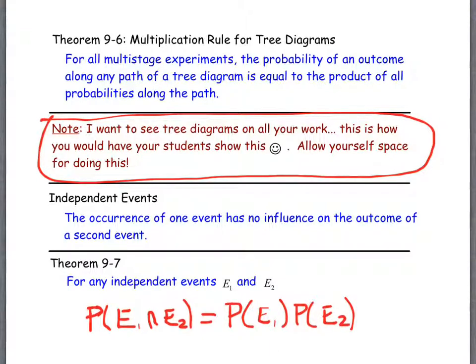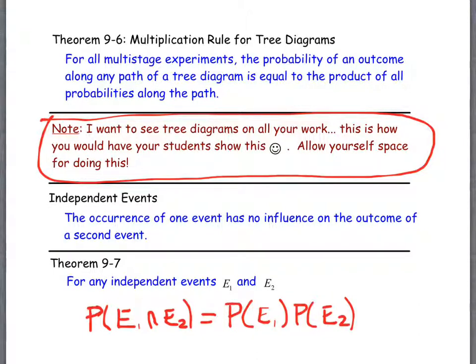And this is exactly what happens along the branches of your tree diagrams: you have independent events. When I roll a die and I get a 1, I am just as likely on my second roll to get anything that I was the first time, right? That roll of a 1 has absolutely no bearing on what happens next. So those would be independent events, and that's how our tree diagrams are set up to work automatically.